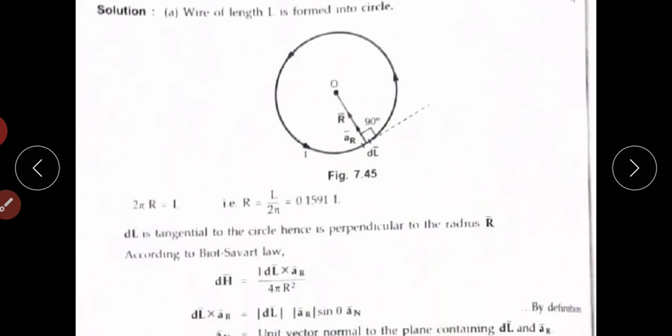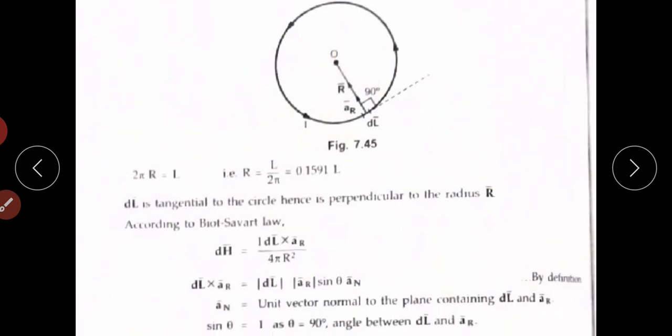So next we have to find the magnetic field intensity at this point, the center of the circle. Consider a differential length of the conductor dl bar, which is perpendicular to the radius vector r bar.